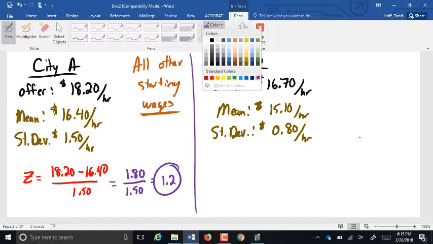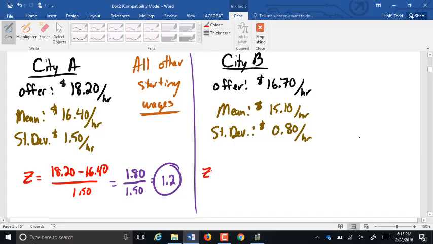Over here on the right side, how do we find your Z-score? Perfect. 16.70 minus 15.10 over 80 cents. So we subtract there, that is $1.60 over 80.